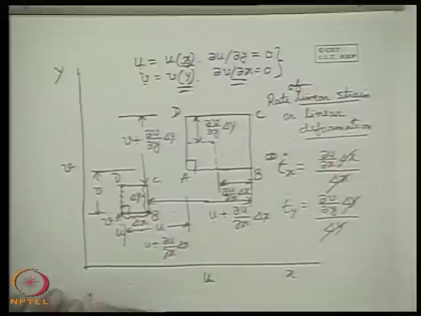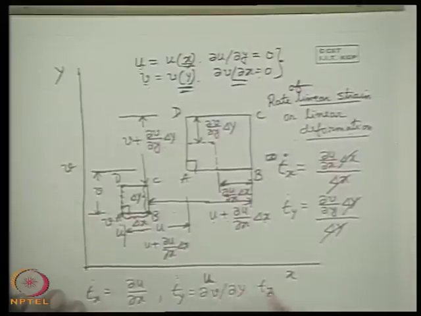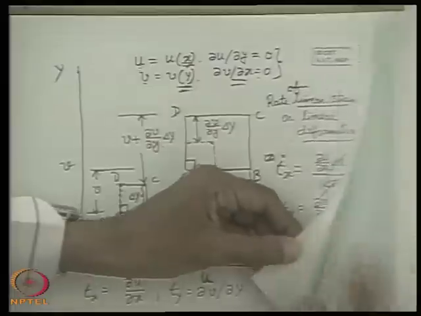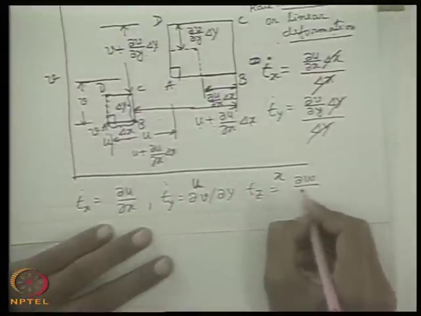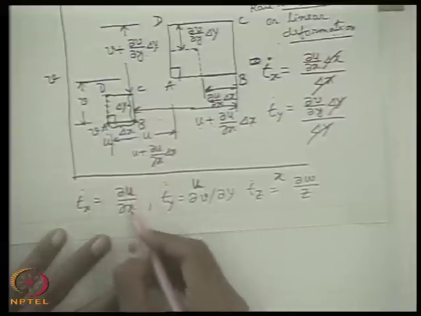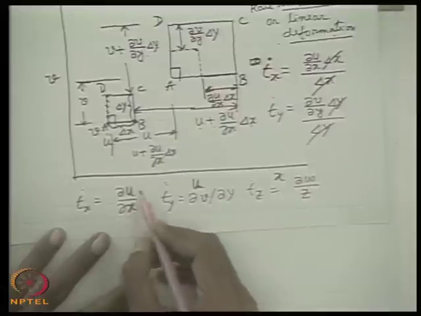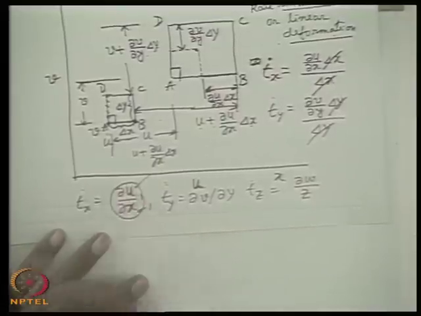So, this can be written in general for a 3-dimensional flow: epsilon x dot is ∂u/∂x, epsilon y dot is ∂v/∂y and epsilon z dot is ∂w/∂z. Therefore, we see that in a general 3-dimensional flow, if the component of velocity is a function of that space coordinate, that means x component is a function of x coordinate, then ∂u/∂x is non-zero.